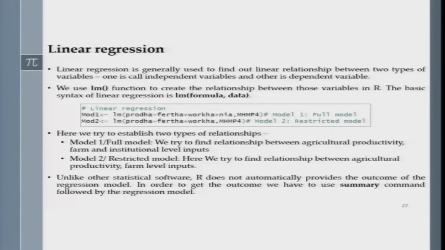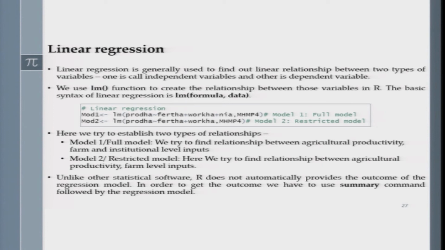So, we are here going to compare restricted and unrestricted models. The unrestricted model is my full model, where I have three explanatory variables including that NIA variable, and in the restricted model I do not have that NIA variable. Here model 1 is the full model and model 2 is my restricted model.